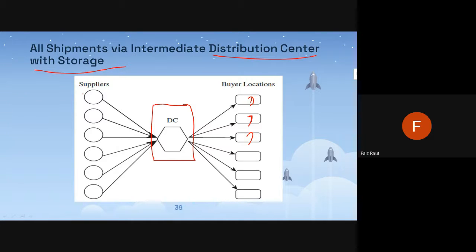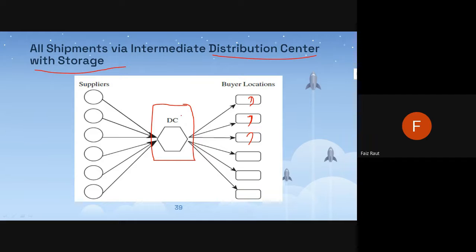It will order in advance and store the materials for maybe 1 or 3 months. For 1 or 3 months it will keep distributing those materials to buyer locations. Mostly this is carried out by Walmart, Big Bazaar, Amazon, a major part.